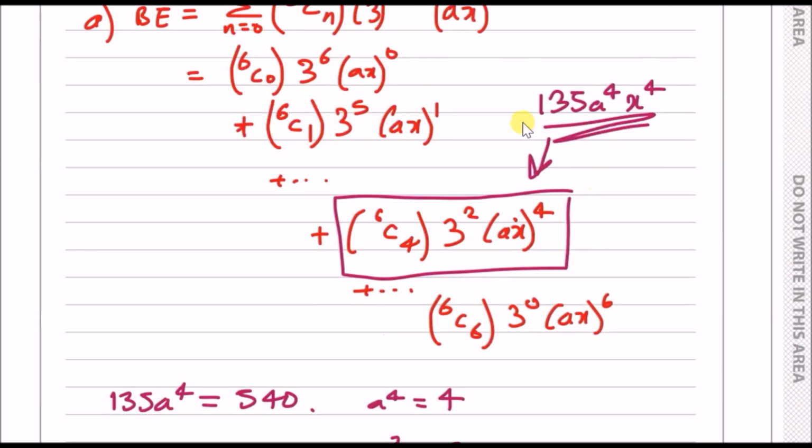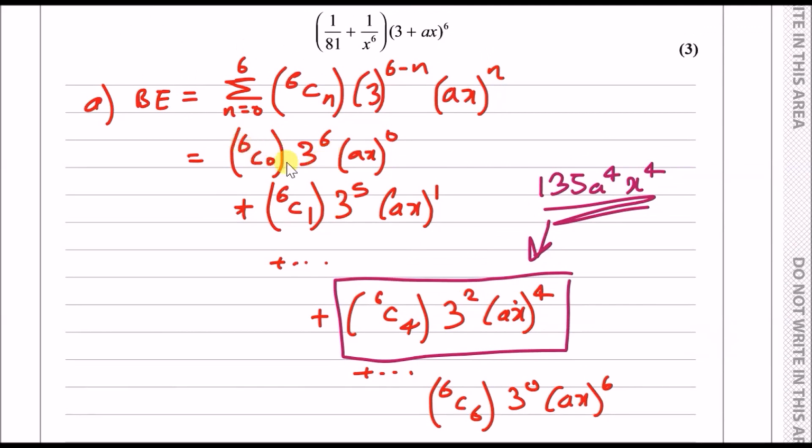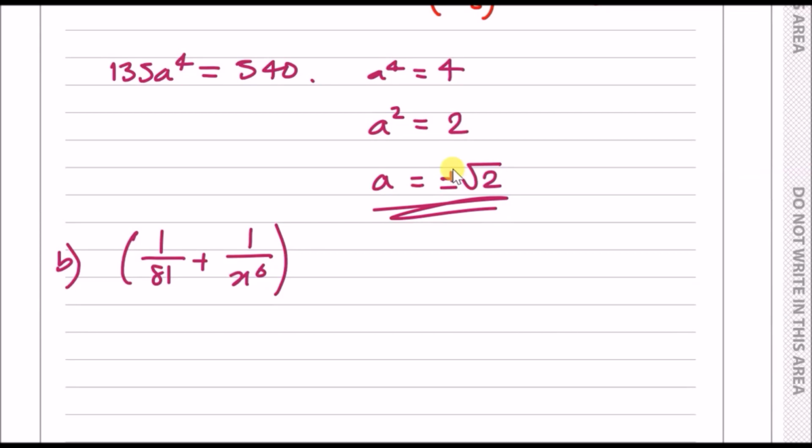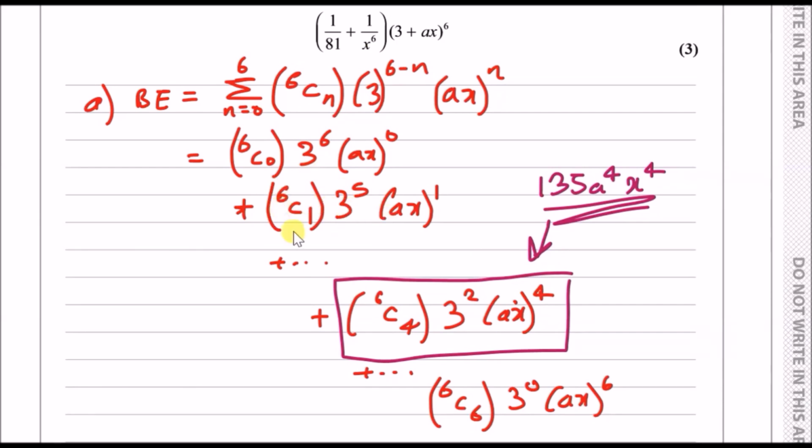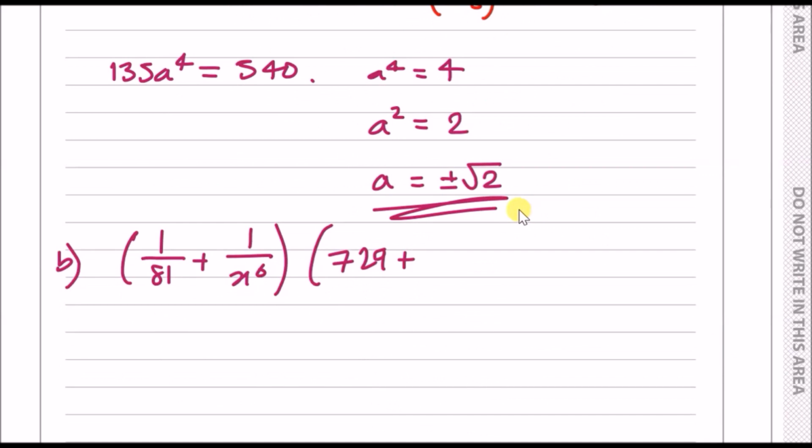I'm going to quickly evaluate this. The first term, 6 choose 0 times 3 to the 6, gives us 729. The second term in the series would be 6 choose 1, 3 to the 5, and ax. Evaluating all of this should give us 1458 ax.